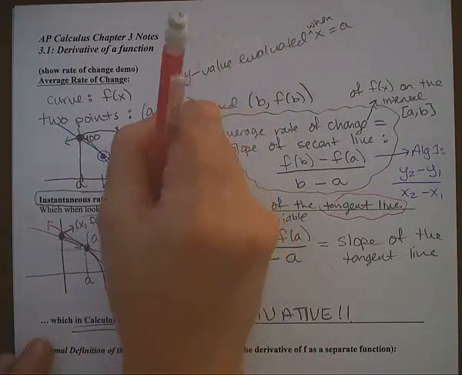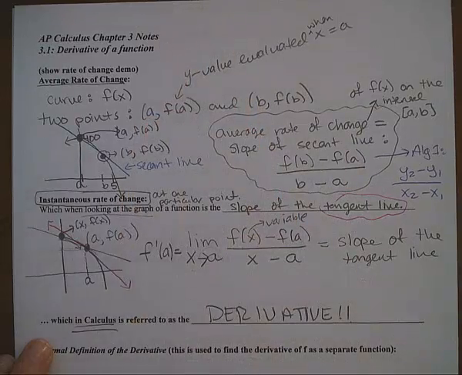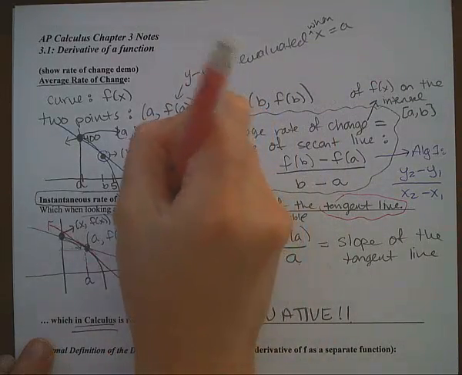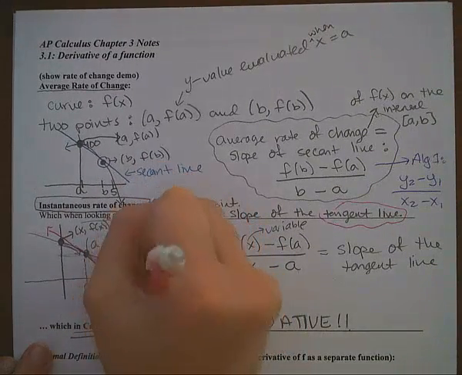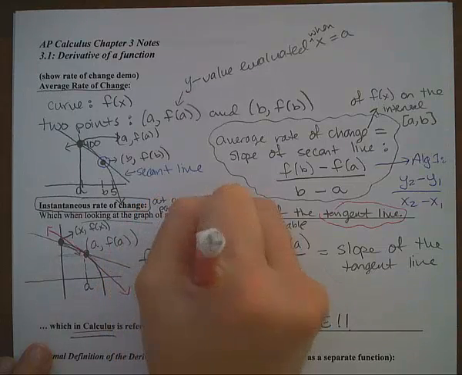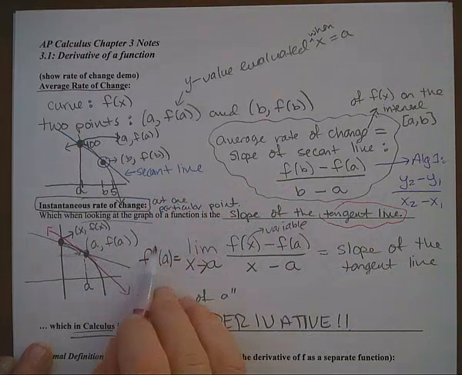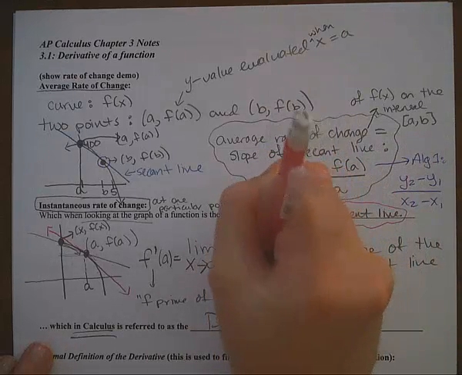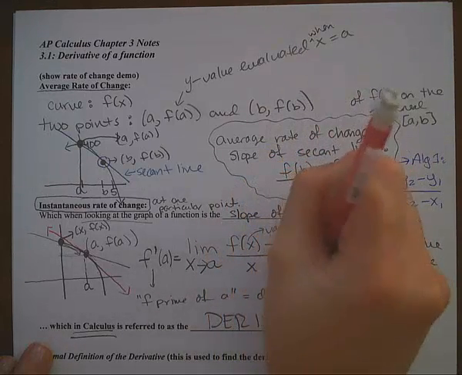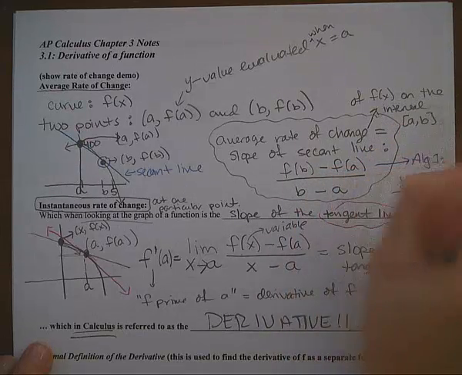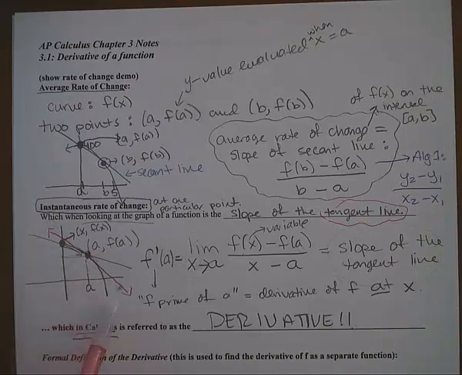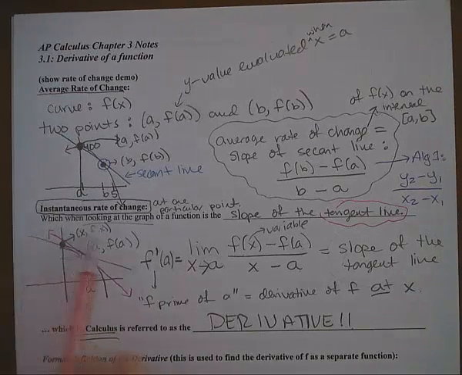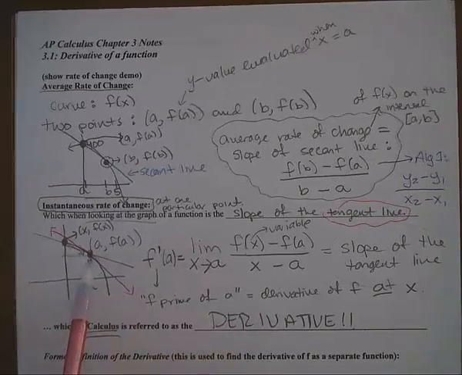And so the notation I'm going to use here, when you look at this, it's a little tick mark there, I guess you could say, and this is called f prime of A. F prime of A, or you could say the derivative of f at A. Derivative of f at A, which is the slope of the line tangent to the curve at A, or the instantaneous rate of change of the curve at A.